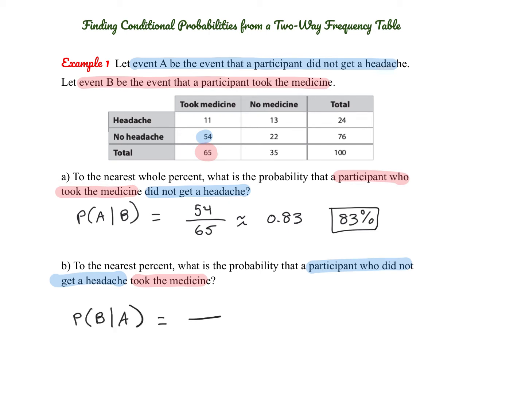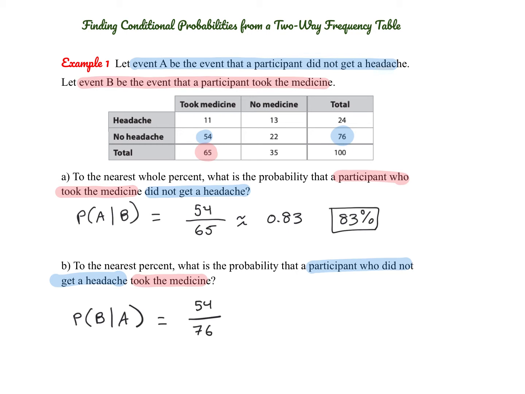So we have to start with the sample space of the given condition, which is the participants who did not get a headache. So this time we're going to start with 76. So our total number is 76. And then we want to know of those people, how many took the medicine, and that would be 54.